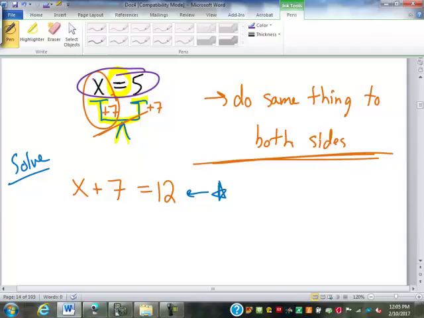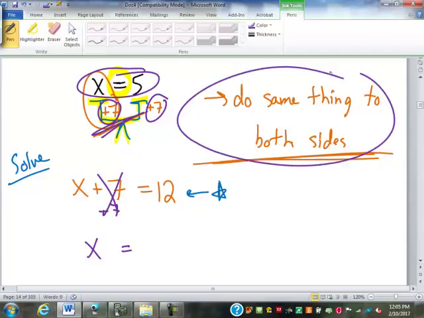Well, this equation was built by adding 7. So to take it apart, we have to do the opposite. What is the opposite of adding 7? Subtracting 7. So we subtract 7 here, that takes this piece off. Leaves us with x. Now again, because of that balanced scale, we have to do the exact same thing to both sides.